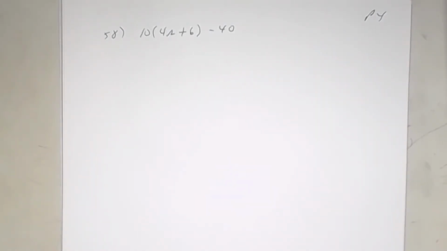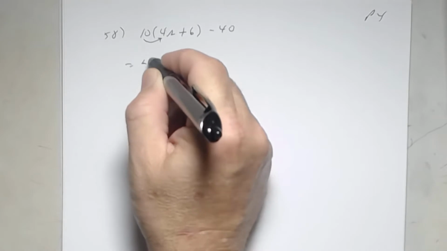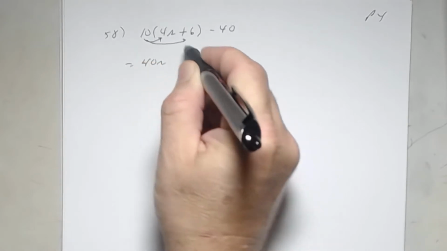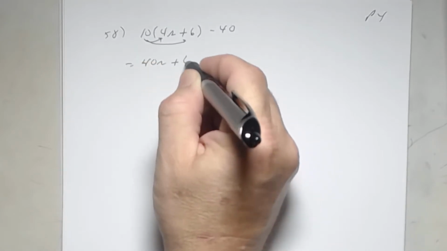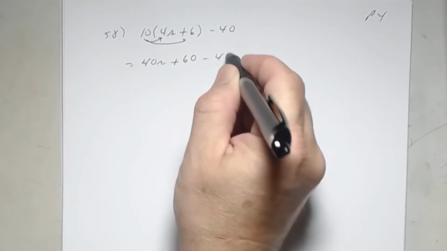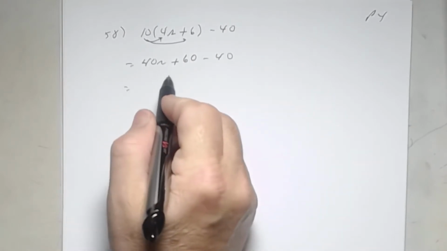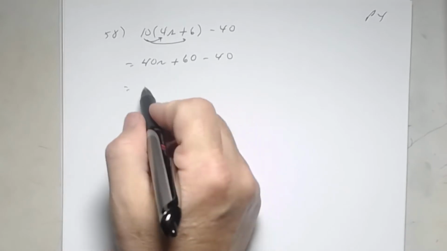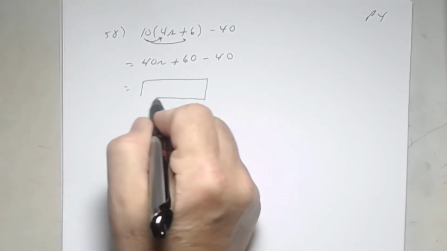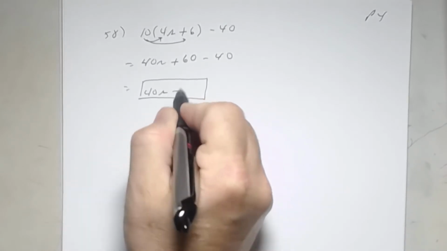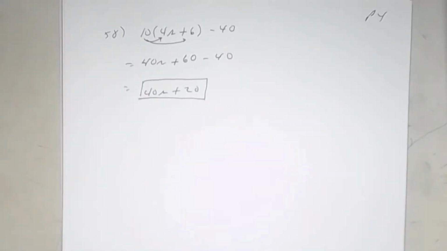So what are you going to do? What property are you using? The distributive property. So you can say 10 times 4s is 40s. 10 times 6 is 60, right? And then minus 40. Don't leave your answer like this, because you can combine these constants. What's going to be the answer? 40s plus 20. 60 subtract 40 is 20.